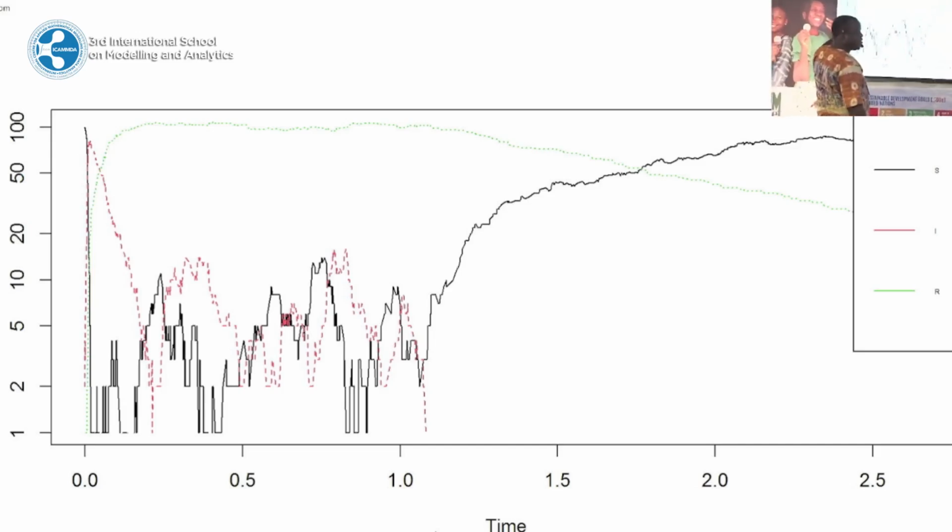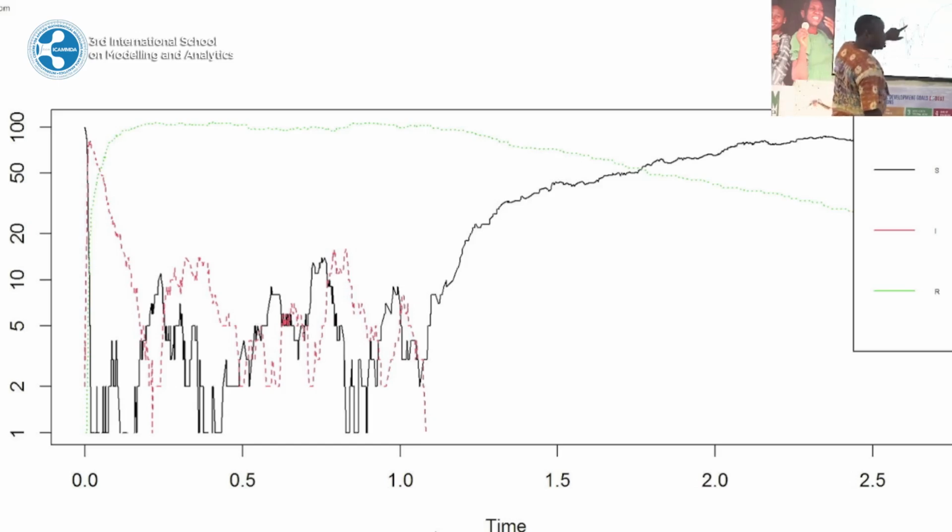There are ranges in the values of the susceptible population. Normally, you are supposed to have a straight line for a deterministic model. It's always straight. But because this is a stochastic model, you are having a lot of noise. You can see the variances and all of that in the model.